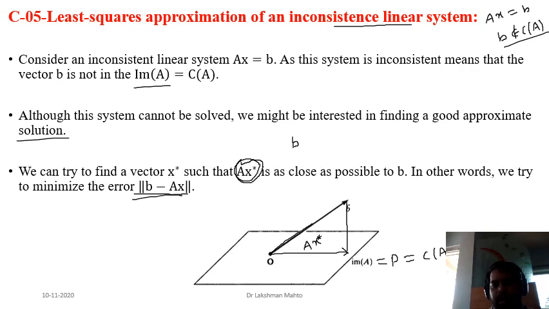And here we will try to find a solution with respect to this system. That means we try to find x star, where A times x star is the projection of b in the column space of A. That is the concept. Or you can simply say, in a similar fashion, that A times x star is the closest point to b in the column space of A.